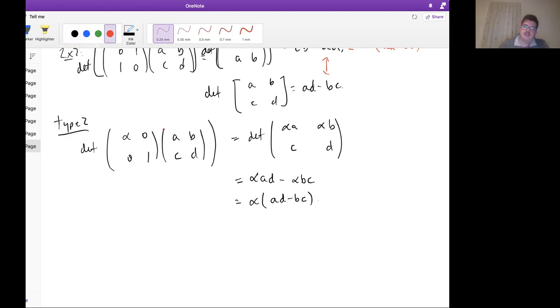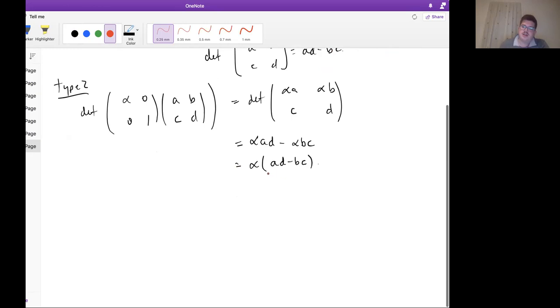And again, this is the determinant of A, B, C, D. So you can see that multiplying a row by a number multiplies the determinant by that number.